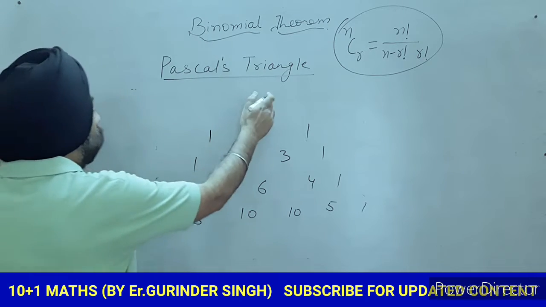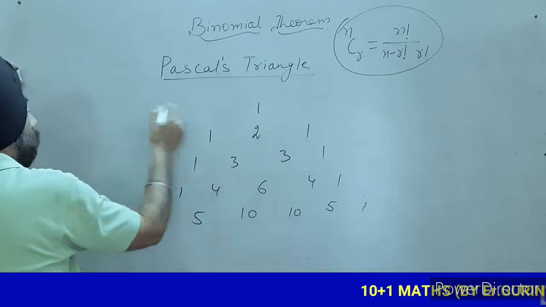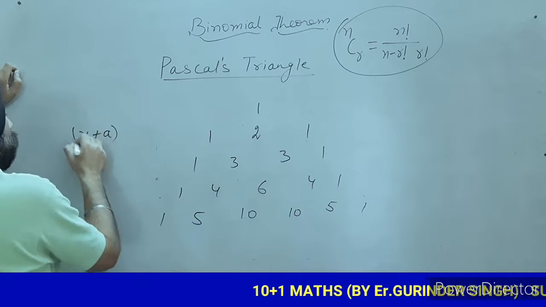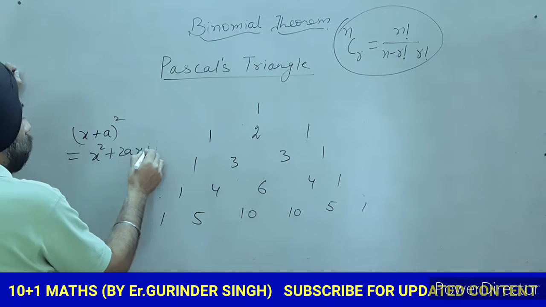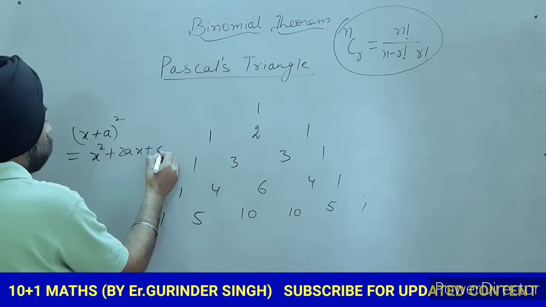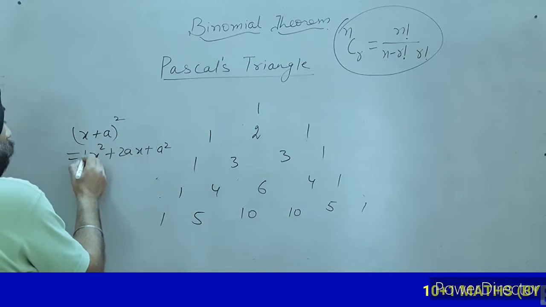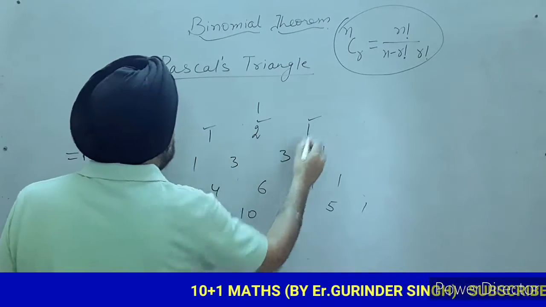Now when the index was 2, I got these terms. When I expanded x plus a whole square, I got x square 2ax plus a square, okay? The coefficients are 1 2 1.